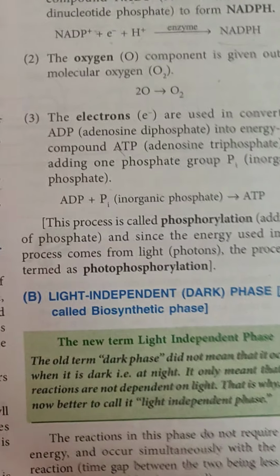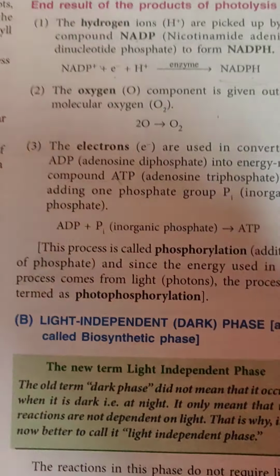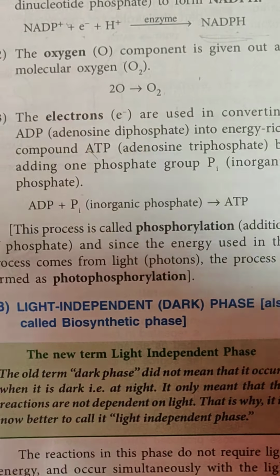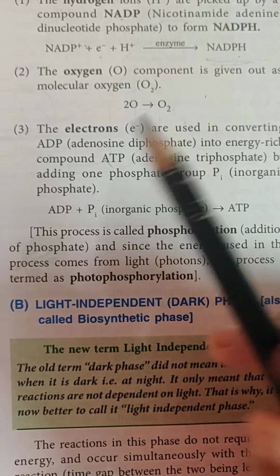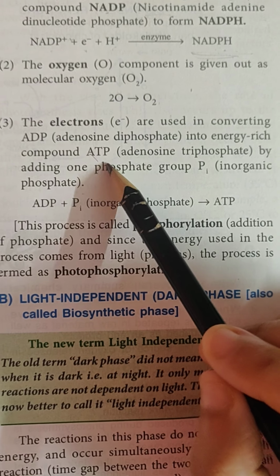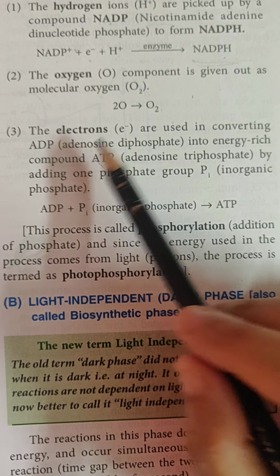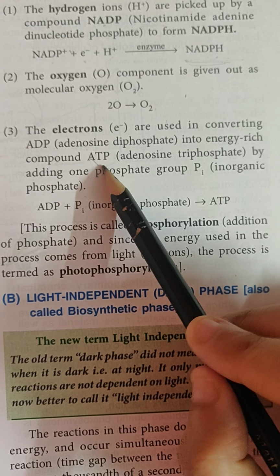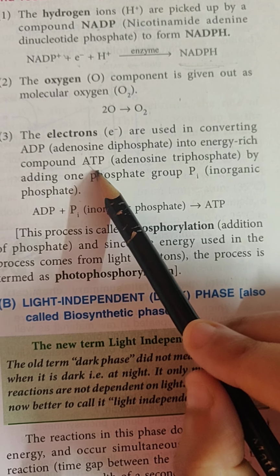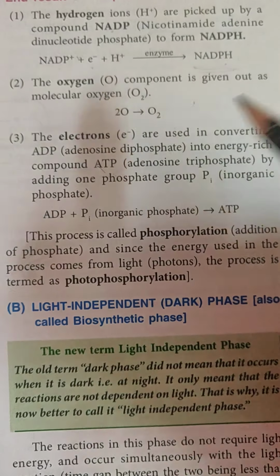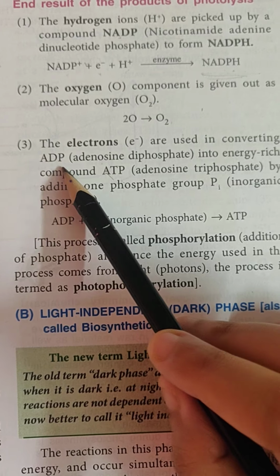Next, this is very interesting: there are 4 electrons that are released. These electrons are used in converting ADP to ATP, adenosine diphosphate into adenosine triphosphate. How does this transfer take place? By addition of one phosphate group.